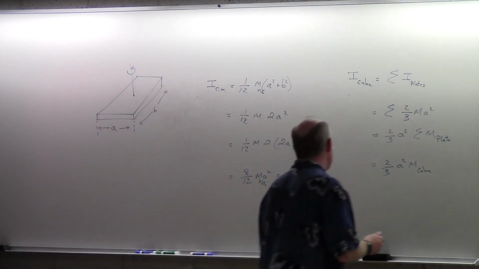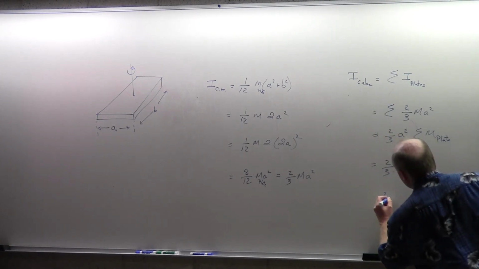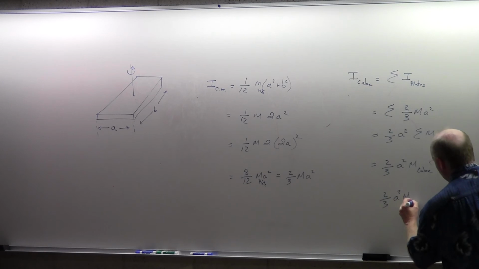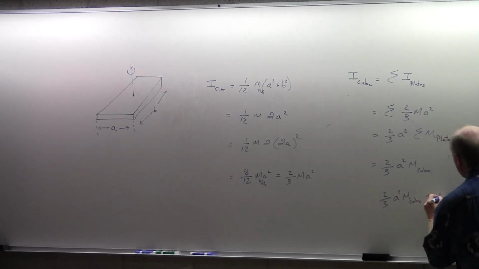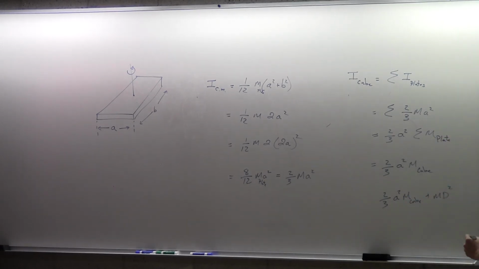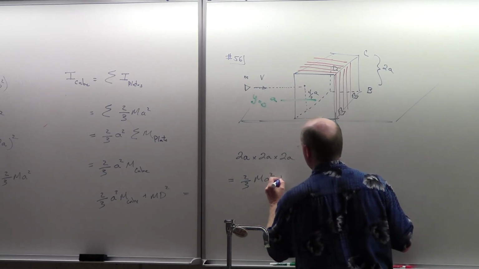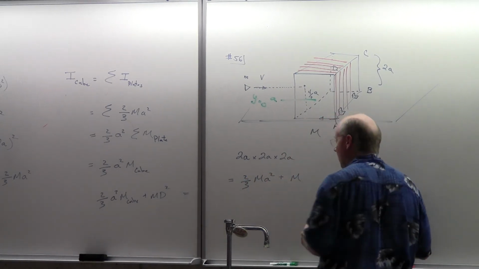So I need to take this number, which is 2/3 A squared M of the cube, and add to it Md squared, equals 2/3, and I'm just going to put MA squared in that order, times M. And what's d now?